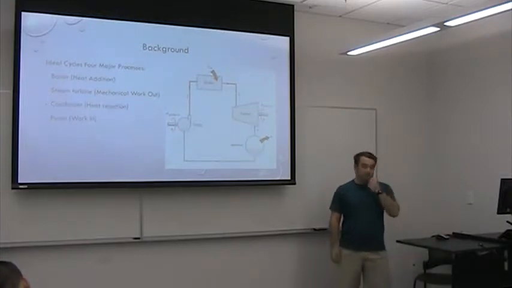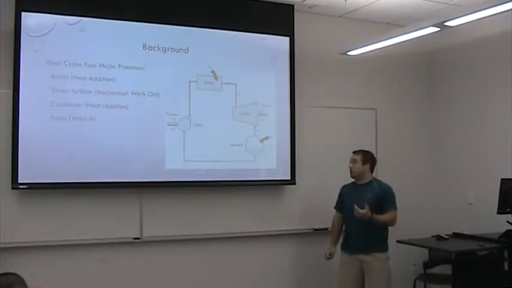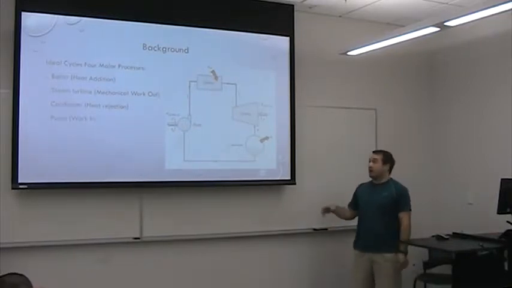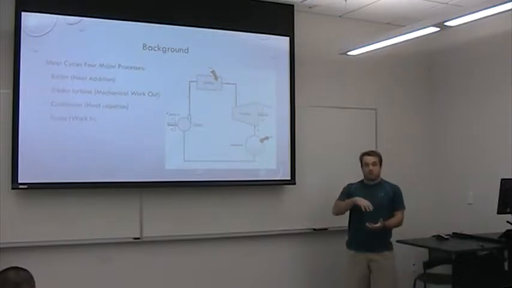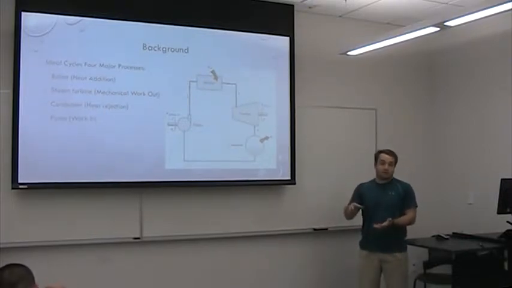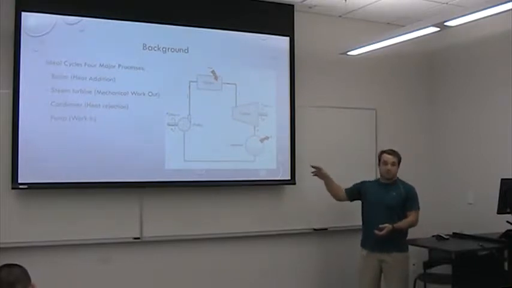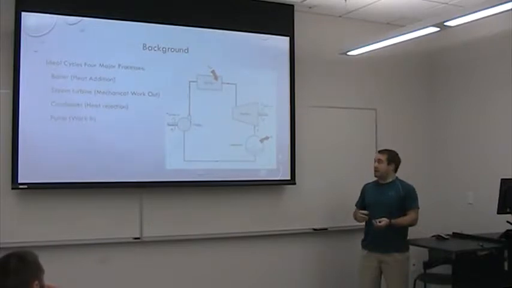So going into the background, it's comprised of four main parts: the boiler, the pump, the turbine, and the condenser. At the boiler, heat is pumped into the system, which converts the water into steam, raising the temperature and the pressure of this water. Then it goes down to the turbine, where it spins a wheel or a generator, and that will produce work out.